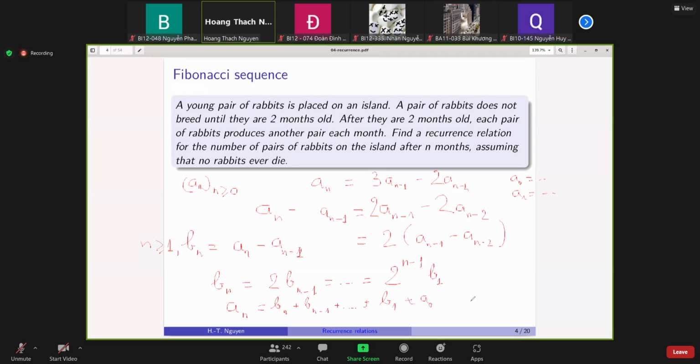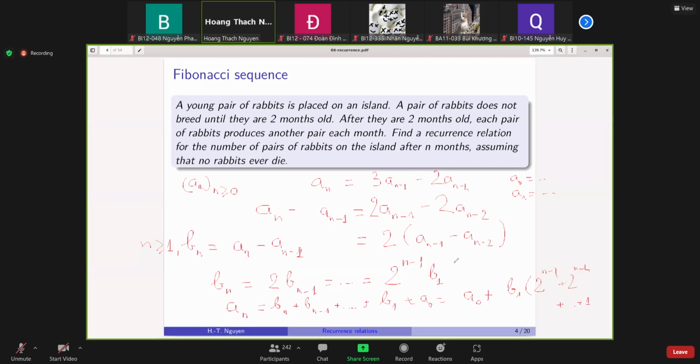It will be equal to a_0 plus b_1 times, 2 to the power n minus 1 plus 2 to the power n minus 2 plus etc. plus 1.